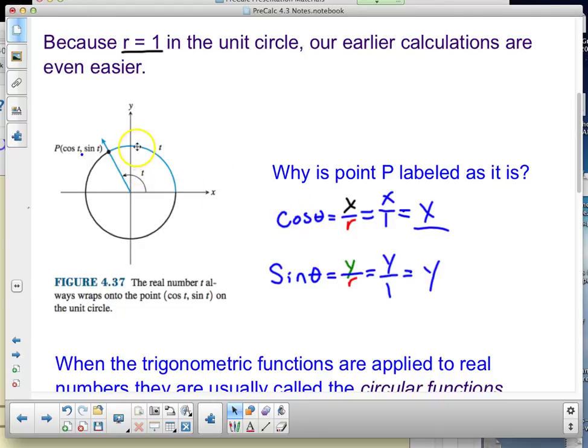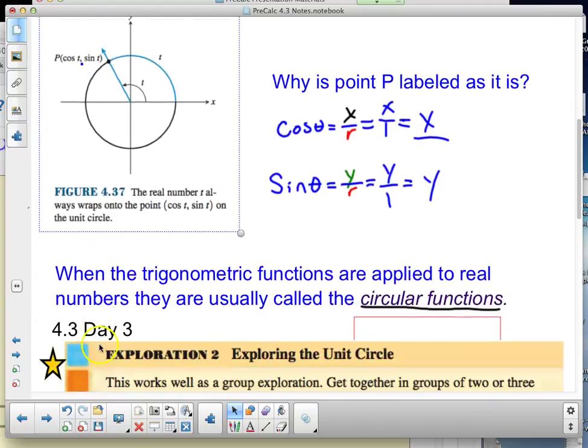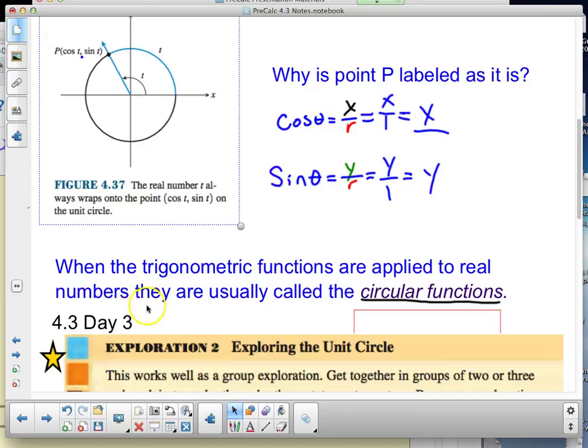Our coordinates on the unit circle, each one of our pi over 2, pi over 3, pi over 4 values all the way around the circle have an x, y coordinate value. The cosine is with x and the sine is with y. When the trigonometric functions are applied to real numbers, they are usually called the circular functions.